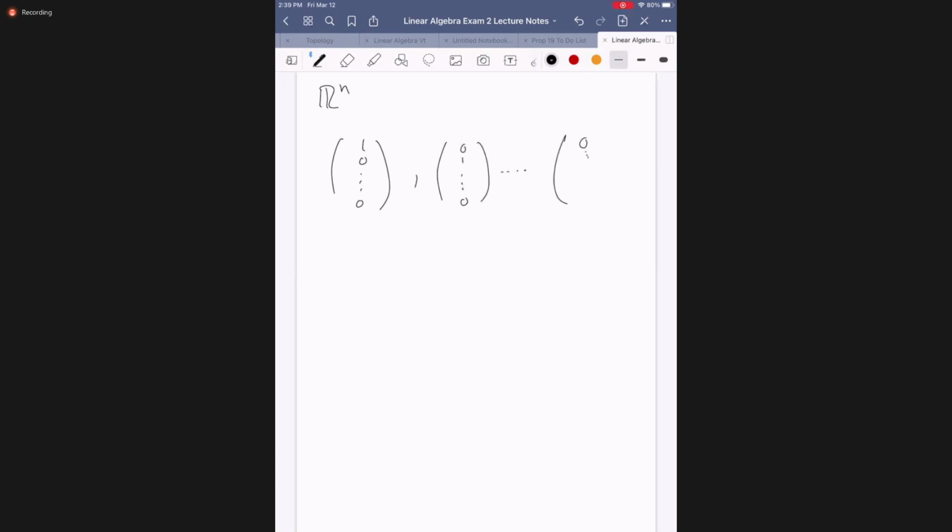So these are the standard basis vectors for Rn. What that means is that these vectors can span the entire space. We'll talk about basis again later, but for right now, let's go to another example.